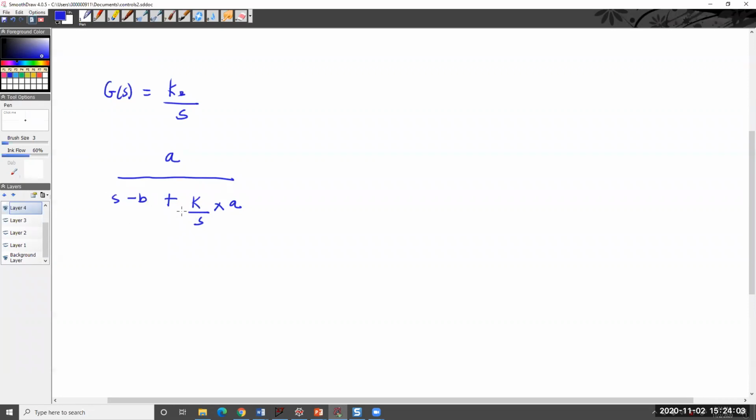Now I don't have my orders of polynomial in a way that I can rapidly see what's going on. So let me multiply, in this case, through by s. Now, in this particular example, I have s squared minus bs plus ka.